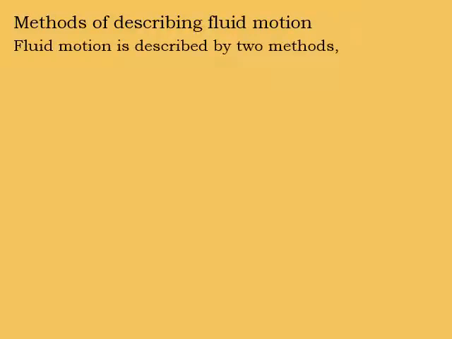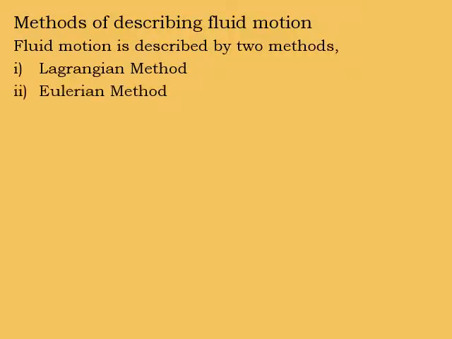Next, methods of describing fluid motion. The fluid motion is described by two methods. The first is called the Lagrangian method, and the second is the Eulerian method. These are the two important methods to study fluid motion.